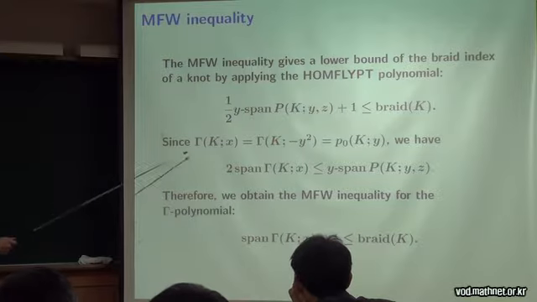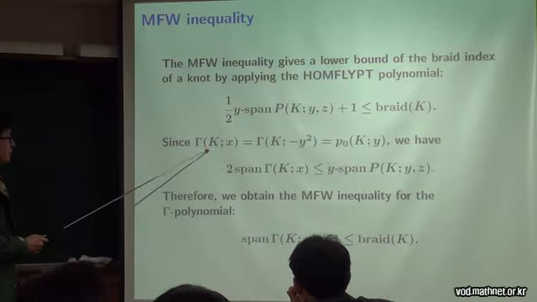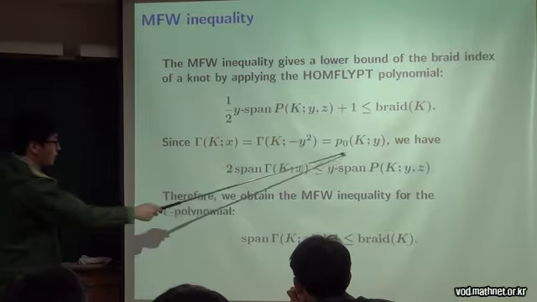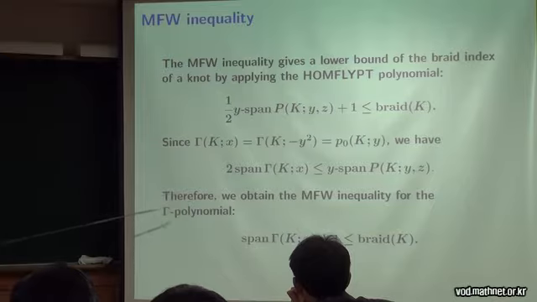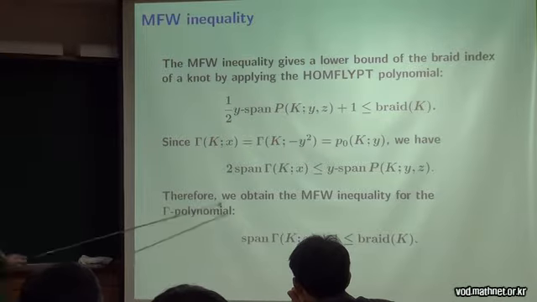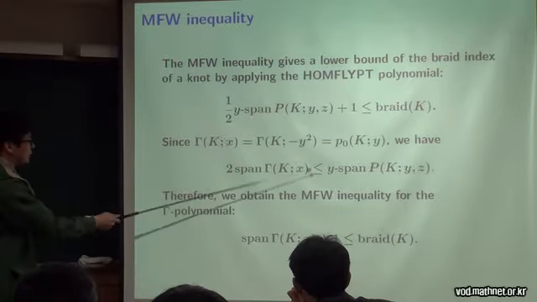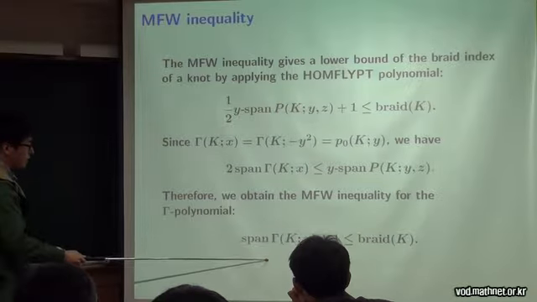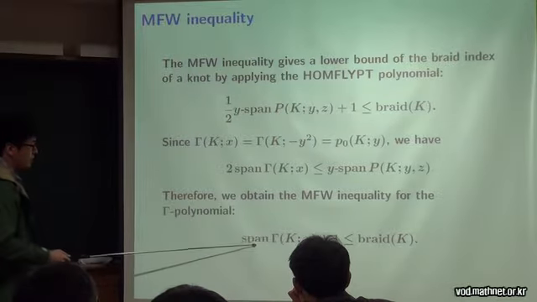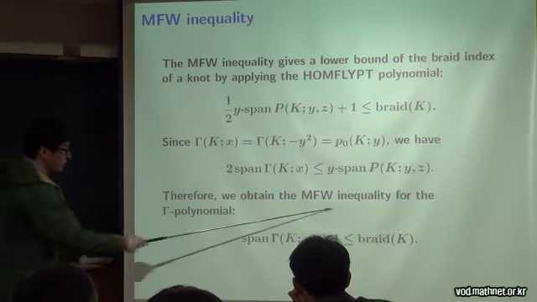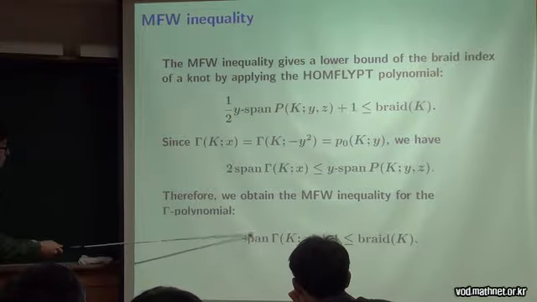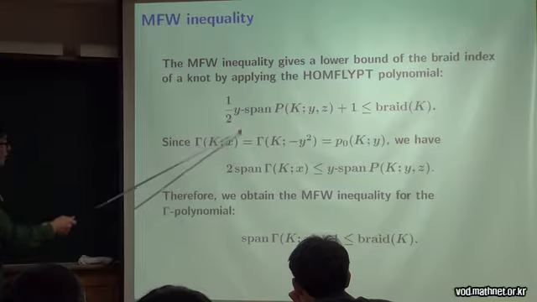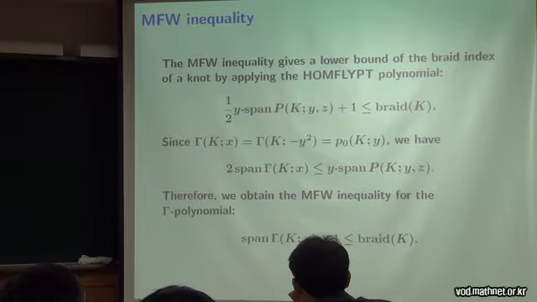And the gamma polynomial is the zeroth coefficient polynomial, like this. So we have this inequality. By using this inequality and this inequality, we obtain the Morton-Franks-Williams inequality of the gamma polynomial, like this. Of course, this inequality is weaker than this inequality, but we consider the cable case.